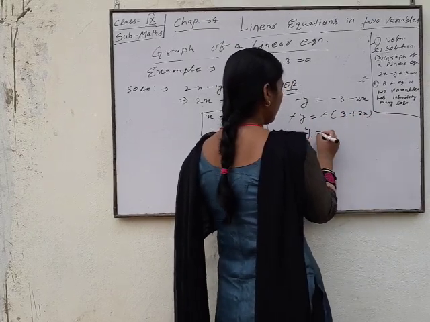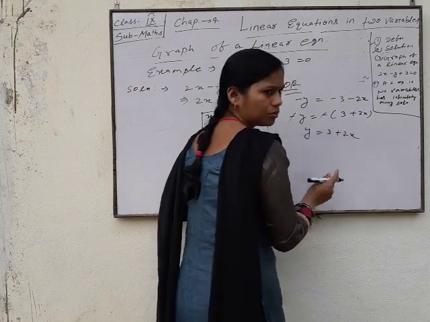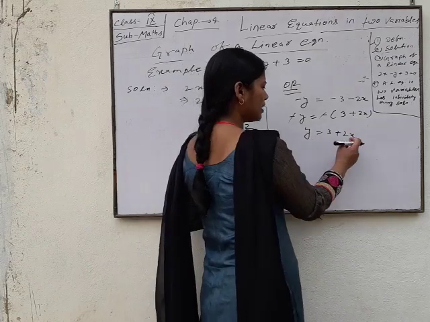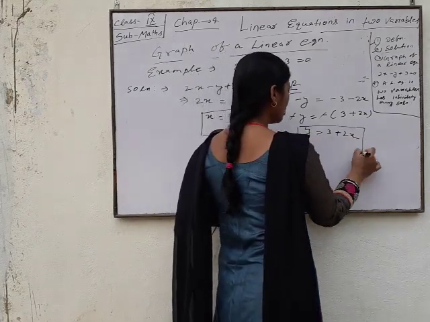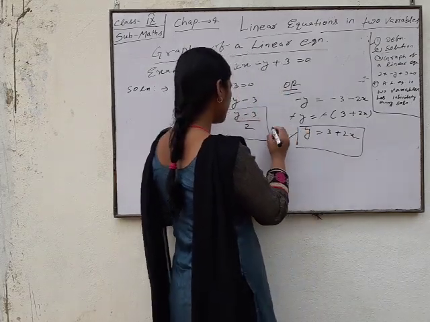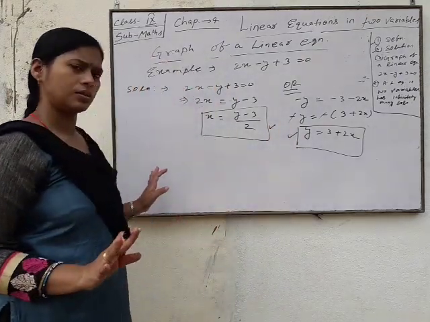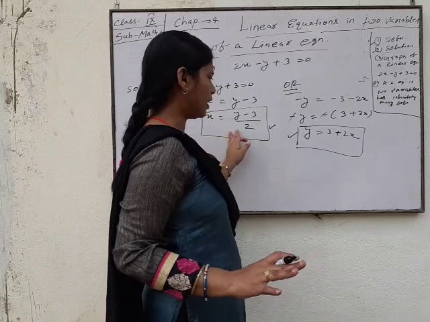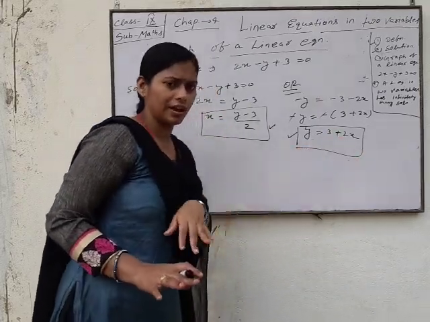What is left? y equal to 3 plus 2x. Clear? This is y in terms of x. So we can take this or this, no problem. This is x in terms of y and this is y in terms of x.